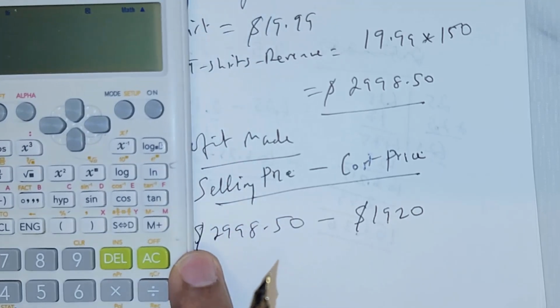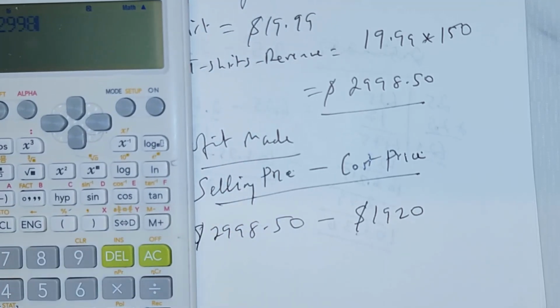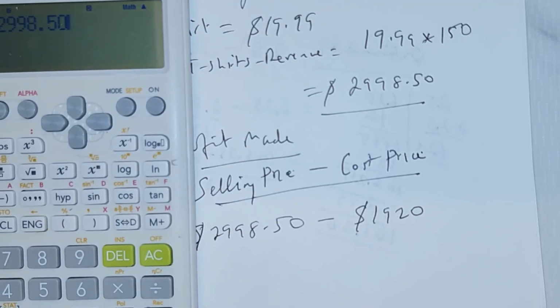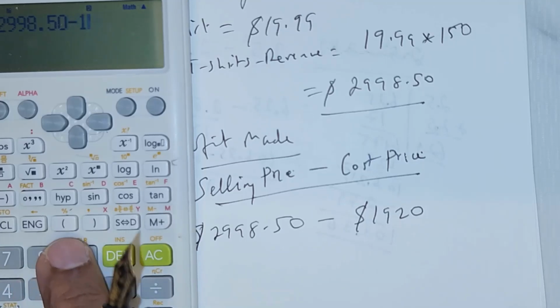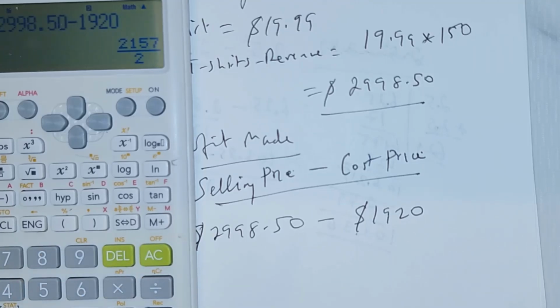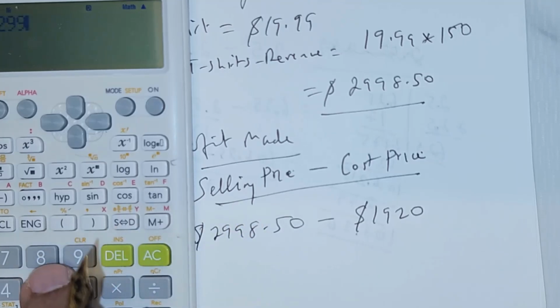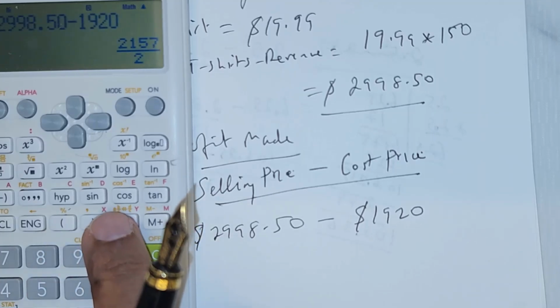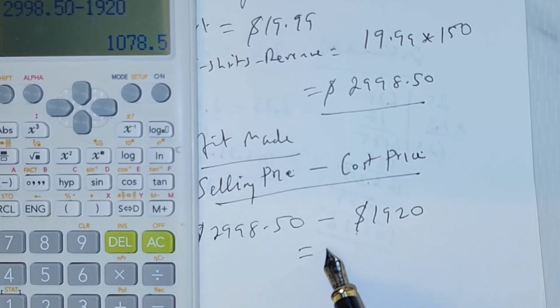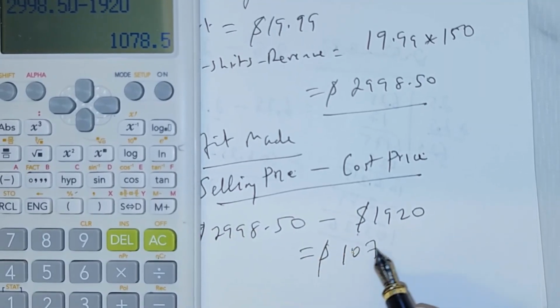So use your calculator. 2,998.50 minus 1,920. So that's 1,078.50.